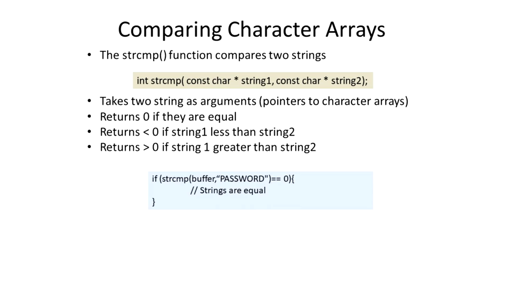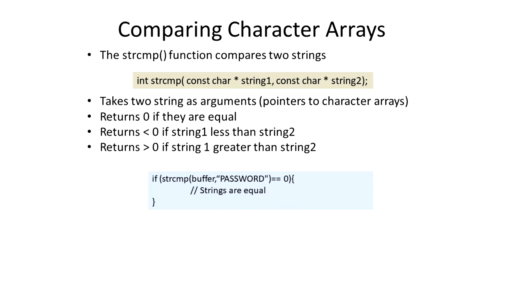Now, I can only assume that it's referring to the ASCII equivalents, the numerical values for each of the letters on the keyboard. And the lowercase letters have different values to the uppercase letters. So I can only assume that it's comparing them on that basis to work out how much greater string 1 is than string 2, or whether string 1 is indeed less than string 2.